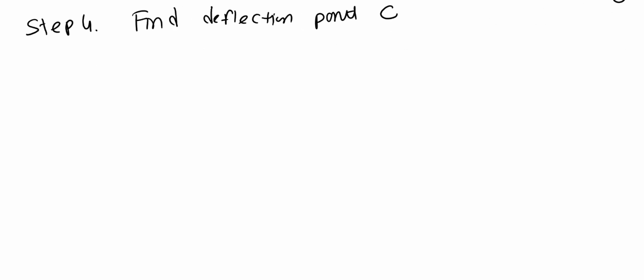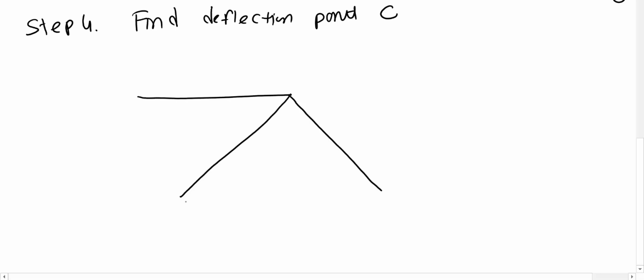So let's draw the virtual system first. Now how can we draw the virtual system? It's very simple. We draw exactly the same as given in the problem, but the difference here is that we remove all the external loading.